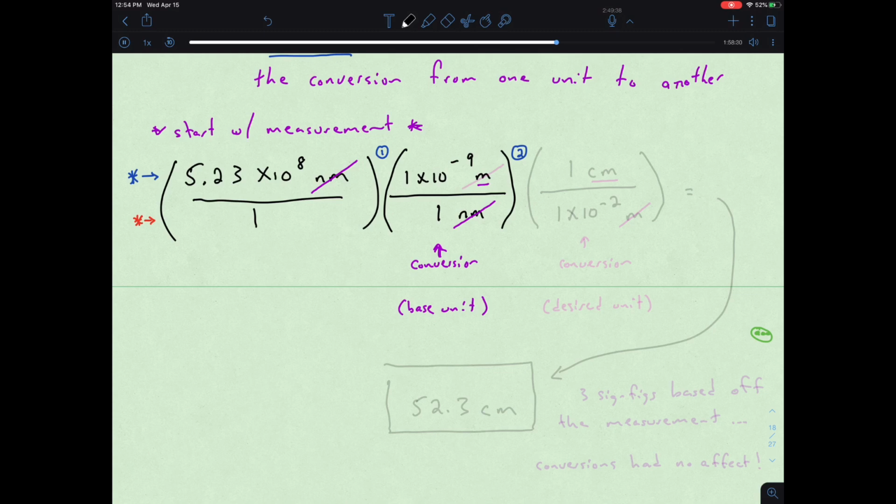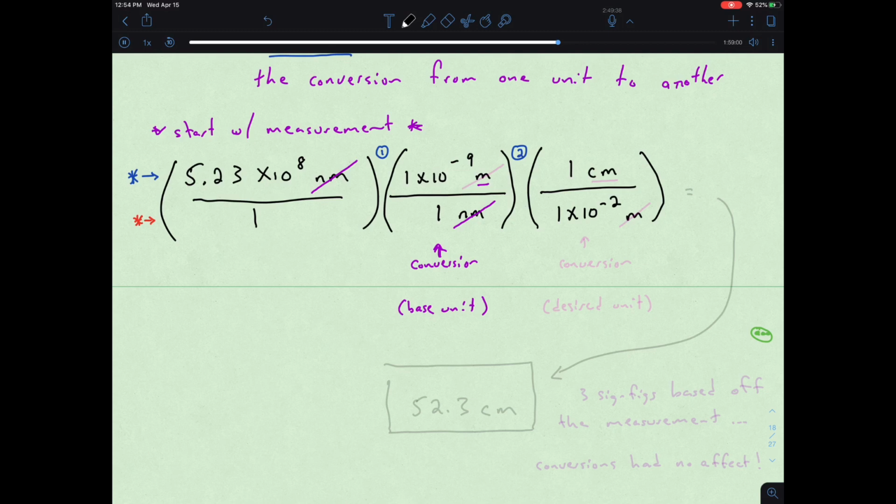Step two, now we're going to the desired unit. Again, we write our fraction as a conversion. We're trying to go from meters to centimeters. And for every 1 times 10 to the negative second meters, that is 1 centimeter.